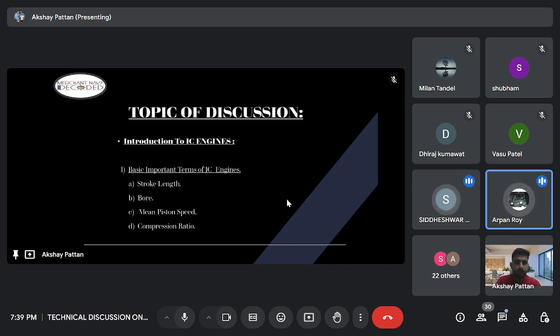The distance traveled by the piston in one stroke. Okay, no issues. We will discuss it in the next slide.